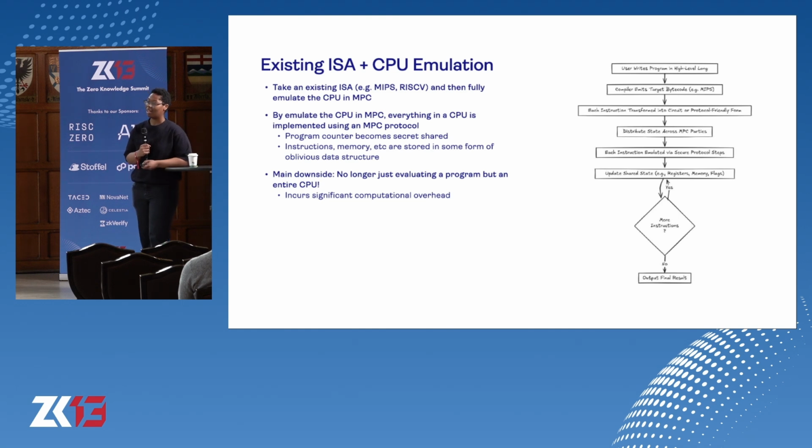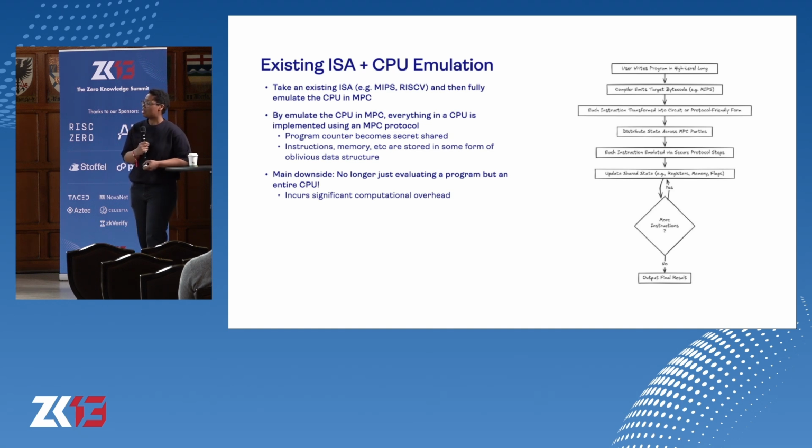So the first one, which is pretty common, is taking an existing ISA that is very familiar to you, but then you emulate every portion of that instruction set within an MPC protocol. Specifically, that means for a specific ISA, you have a CPU, and the CPU is built up of different components. So you would take the CPU and implement each of those components as an MPC program.